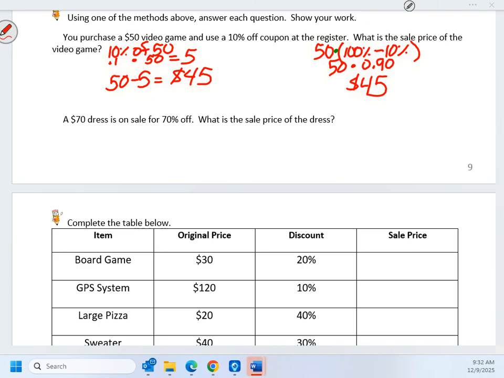Who can walk me through our first method? Presley, 70% of 70. So that means multiply. So what is 70% of 70?